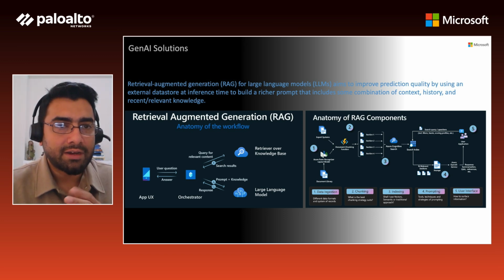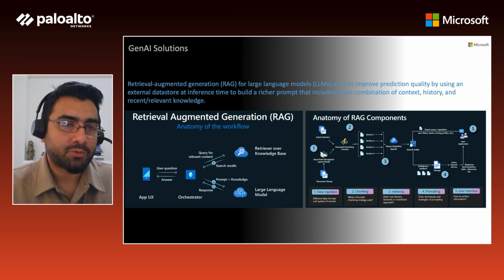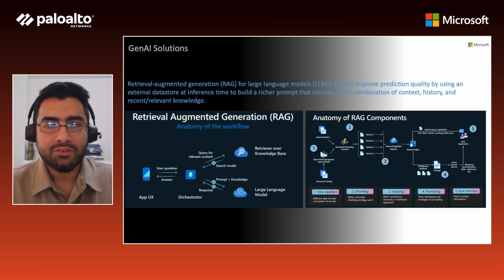So users only ask questions and get the answers through this orchestrator, and the orchestrator looks into this knowledge base and creates responses based on the large language model. So it's kind of an overall architecture of how it actually works inside the RAG model.